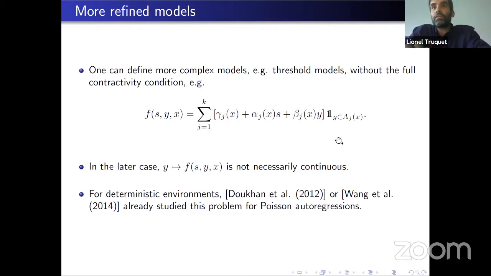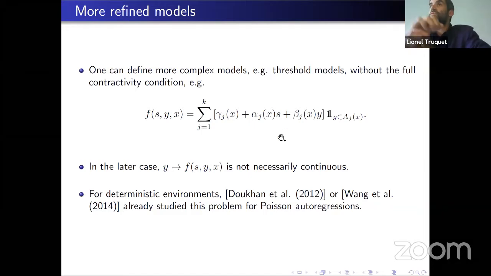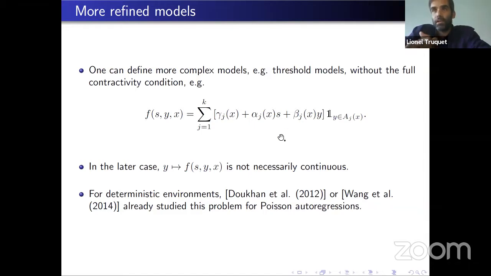This case is much more difficult because the function f is continuous with respect to s, but not necessarily continuous with respect to y. In this sense, the previous fully contractivity approach is no longer valid, and this creates an additional technical difficulty.